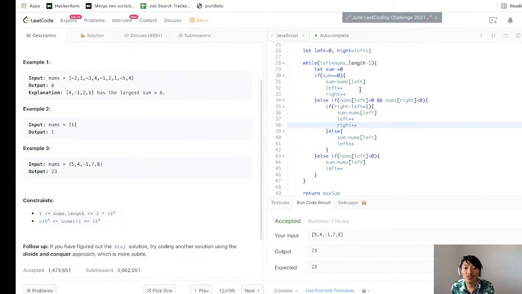Okay, so when we increase the sum, this should be outside.